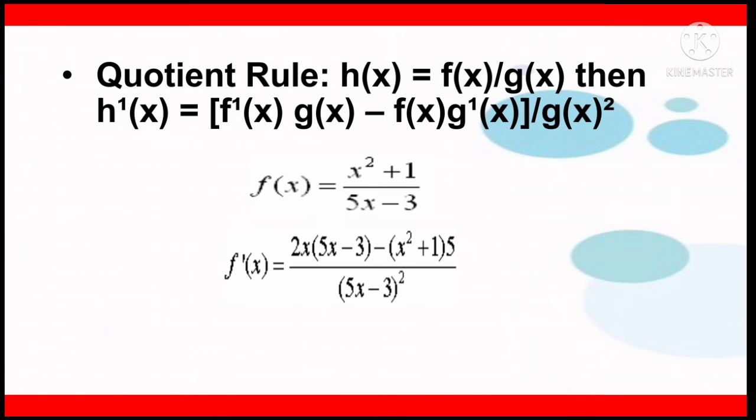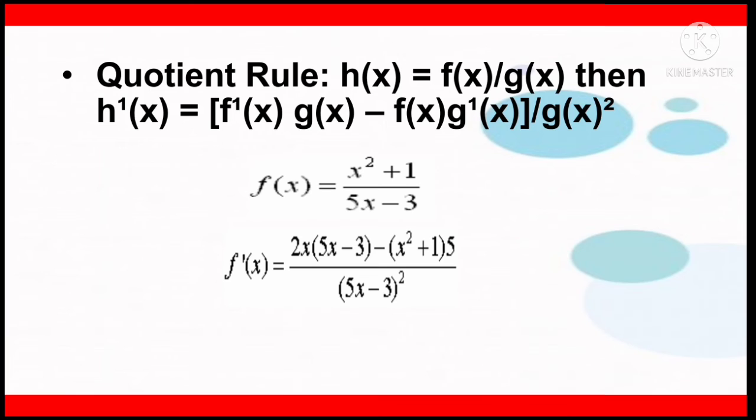Just repeat the process. We need to find the derivative of our f, which is x squared plus 1. So we came up with 2x, and then copy the g of x, which is 5x minus 3. Minus, as I have mentioned earlier, in quotient rule we need to use the minus operation.